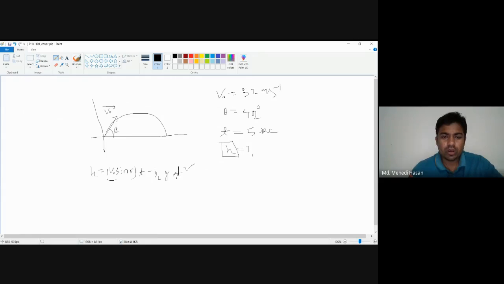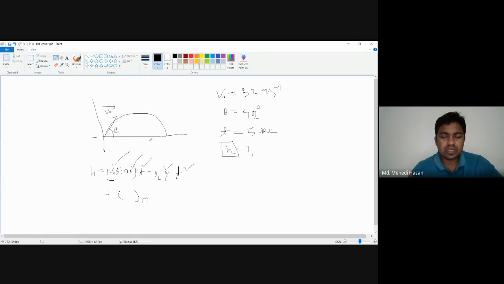Here v naught, theta, t, g are all given, so if you put in the values and calculate, you will get the height h in meters.